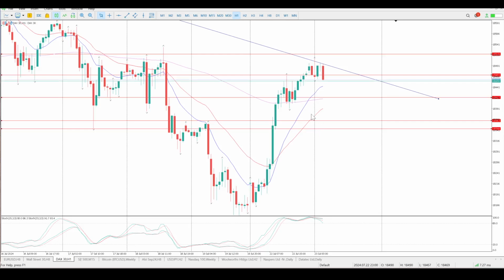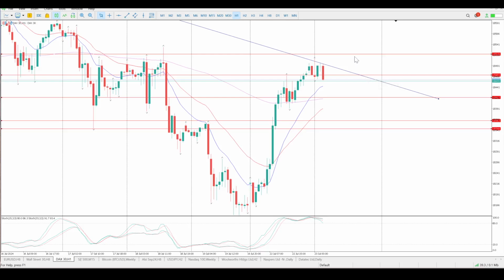But just pay attention to these moving averages on the hour, because if you start flying below the moving averages, I just leave it alone. But if you come onto specifically this one, 18,400, because that'll be a retest of the 150 EMA, and if that's successful, then there's definitely an opportunity. But you're going to bump your head on this diagonal as well, so you'll probably bump your head here at 18,470 again.